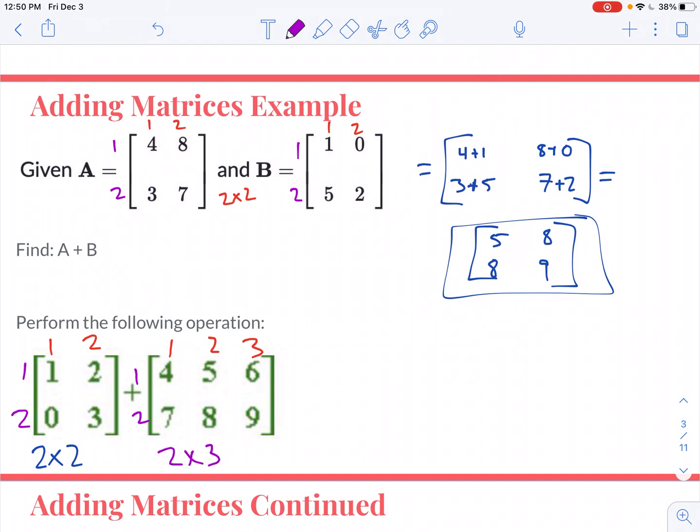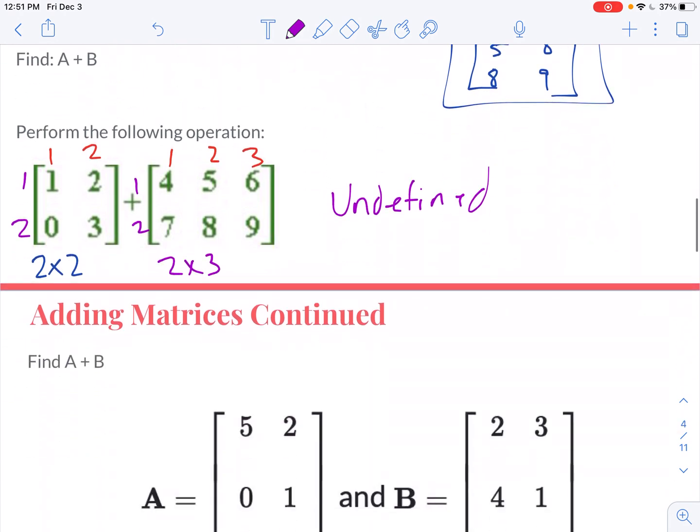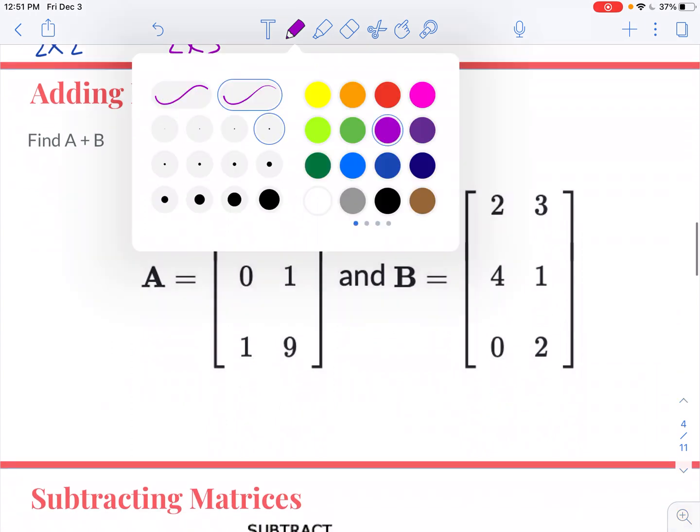I can't add these together because they're not the same size. So I'm going to write this as undefined. I don't have a way of adding these two matrices together because I'm missing that third column in the first matrix. If they were both 2x3, then I could add them, but since one's 2x2 and one is 2x3, I cannot add them.